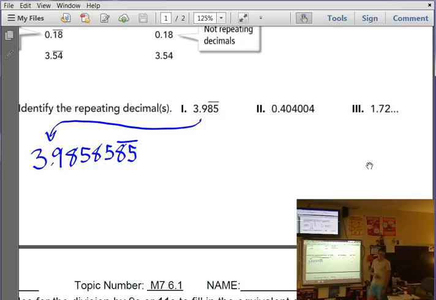Now in 3. Colin, in number 3. Am I missing? He's gone now. Of course. Jahim, in number 3. What repeats? Is it clear whether it repeats the 2 or the 7 and the 2?